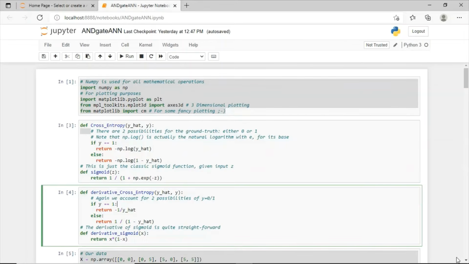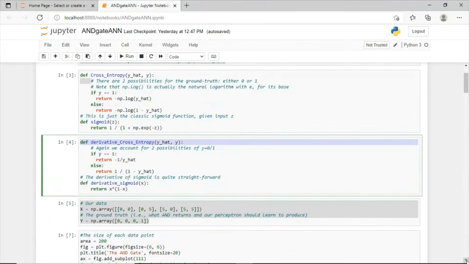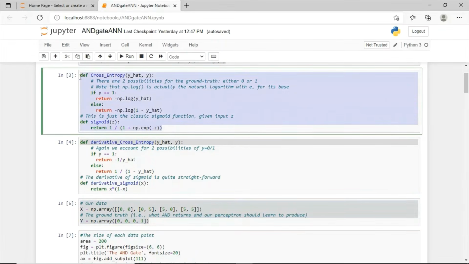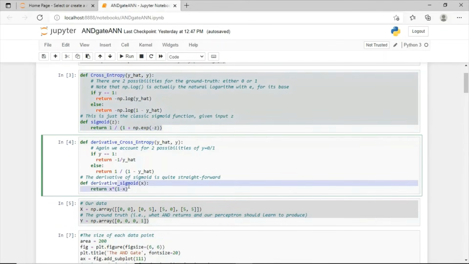And I'm not going into the details of how we derive those derivations. Here I'm actually defining the concept of the cross entropy function, and here I'm creating the derivatives for the cross entropy function. So you have to remember one point. Before building the data set, you define the cross entropy function, the formula, and find the derivative of the cross entropy function, and then build the data set.